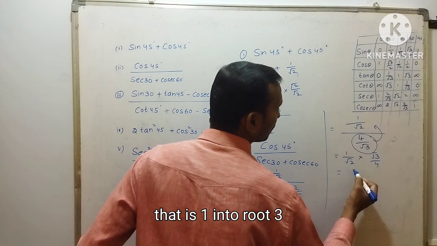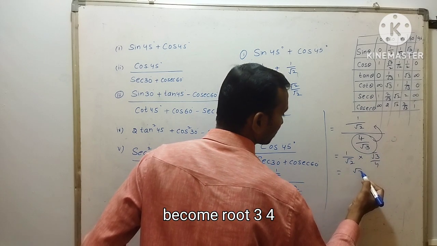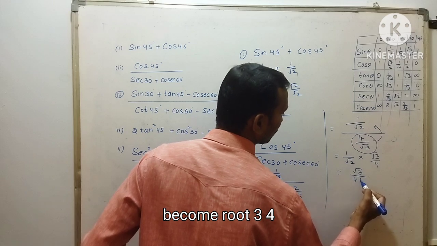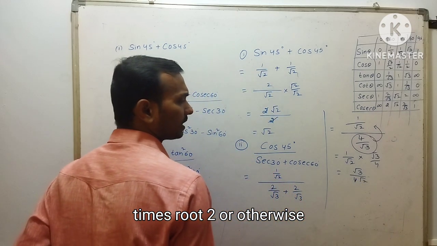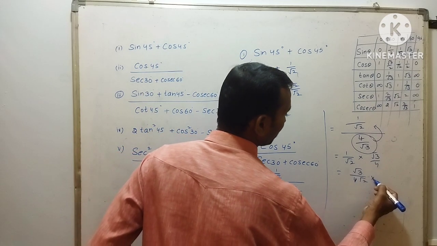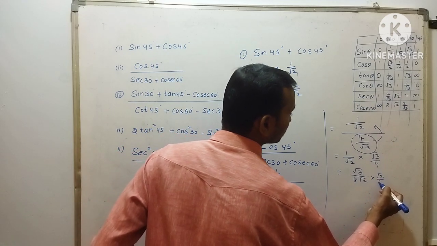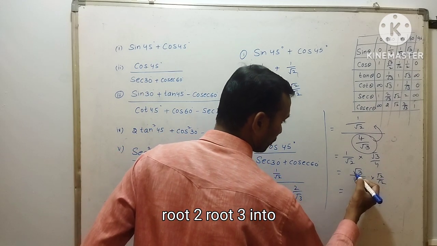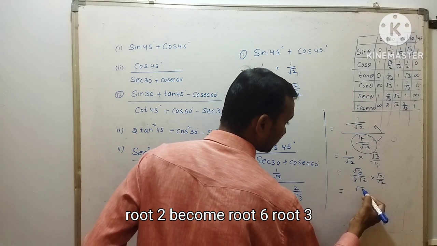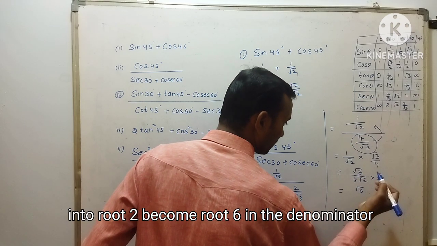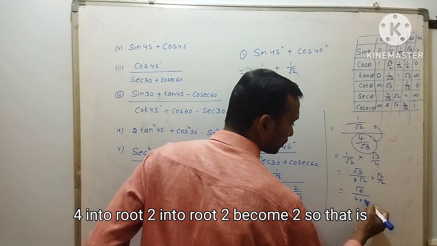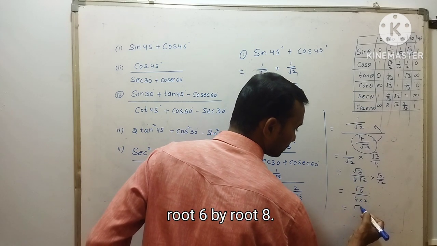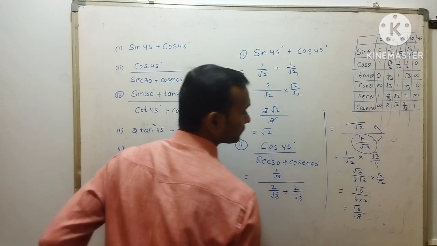So that is 1 into root 3 become root 3, 4 times root 2. Or otherwise, if you want to rationalize the denominator, multiply and divide with root 2. Root 3 into root 2 become root 6. In the denominator, 4 into root 2 into root 2 become 2. So that is root 6 by root 8.